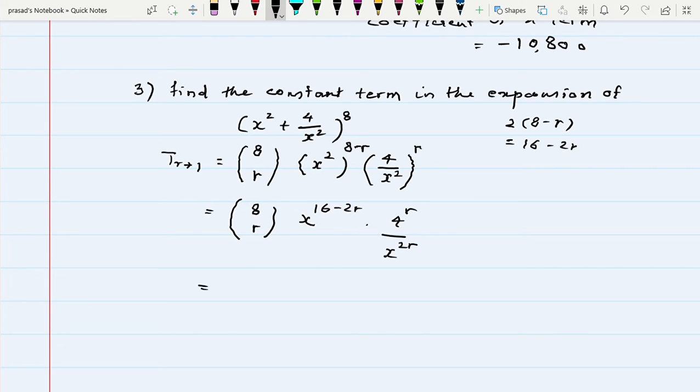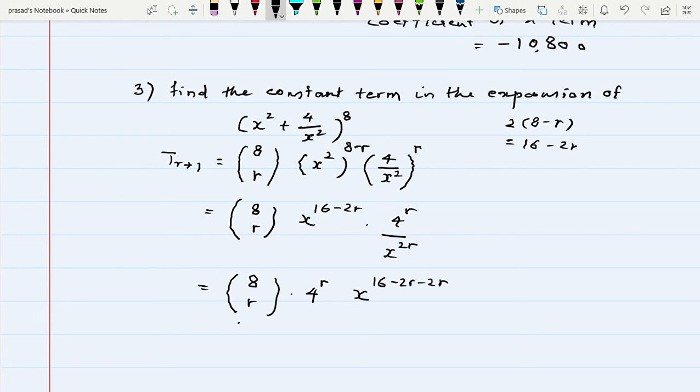Which is 8cr. I will take the constants together, 8cr into 4 to power r, and I will find the total power of x using the laws of indices. Now in division, the powers get subtracted. So 16 minus 2r minus 2r.